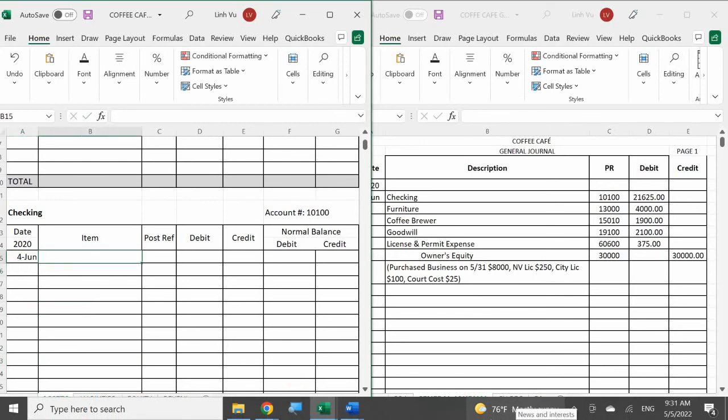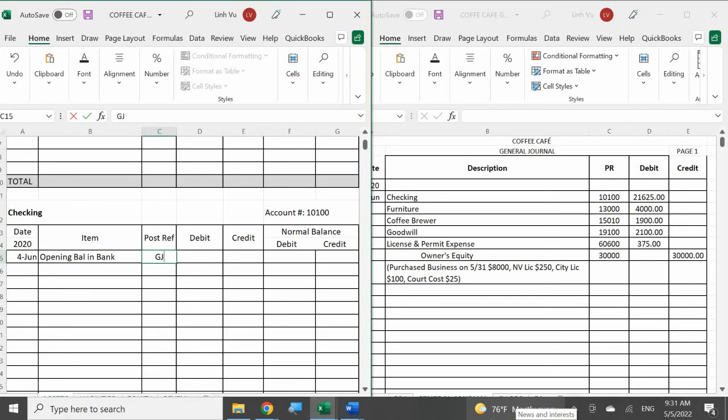Okay, the first thing here is we opened up our checking account on June 4th. Here, I'm going to say opening balance in bank. The post reference refers to which spot in the general journal you're posting this transaction from. So in the future, if I'm missing something, I can look at my ledger account and see that I opened my checking account on the very first page of my journal.